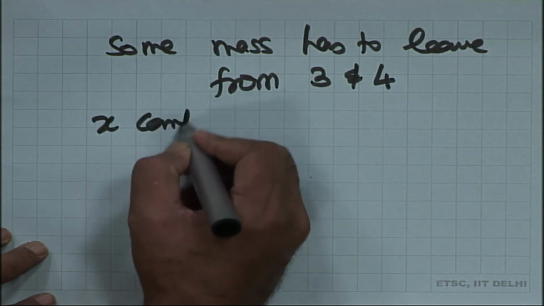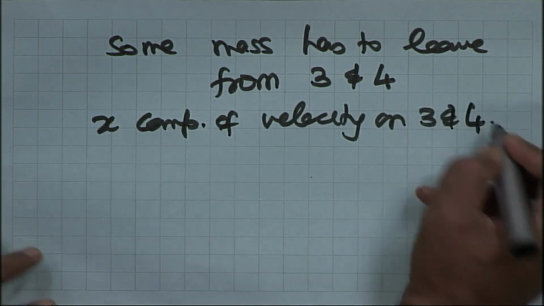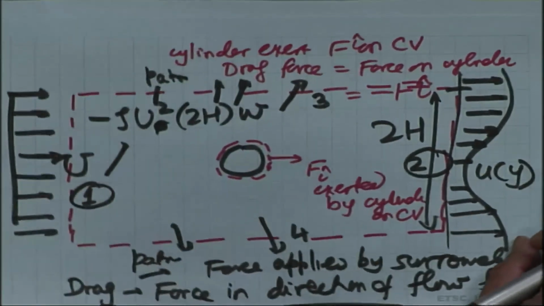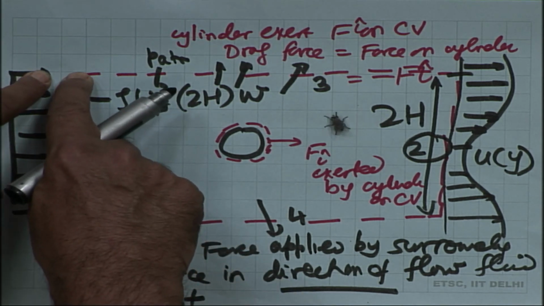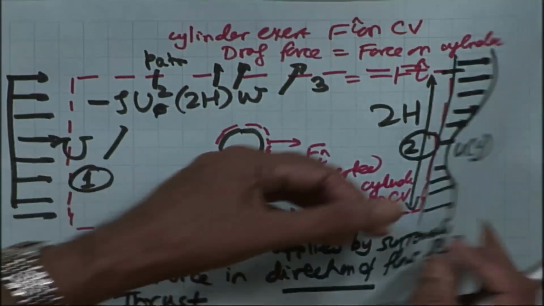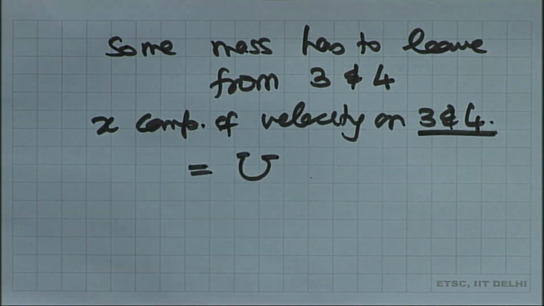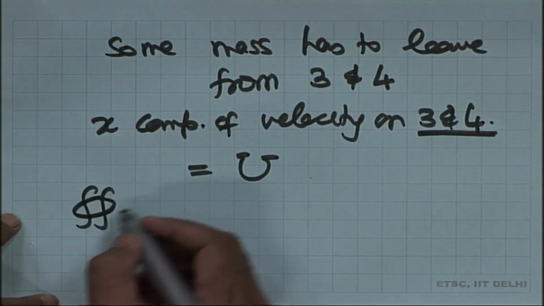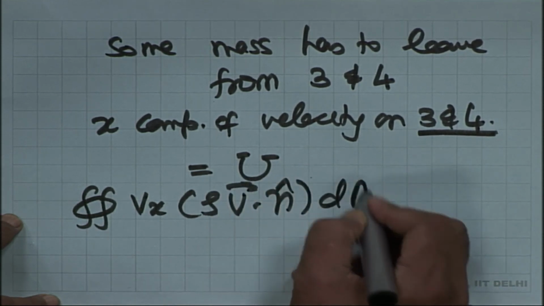But what do you think is the x component of velocity on 3 and 4? On this top surface and bottom surface, what should be a reasonable approximation for the x component of the velocity? Clearly the x component of velocity here is capital U, and at the exit it is also capital U. So, a reasonable approximation is that the x component of velocity on 3 and 4 is equal to capital U, and we have this term, integral Vx rho v dot n dA.